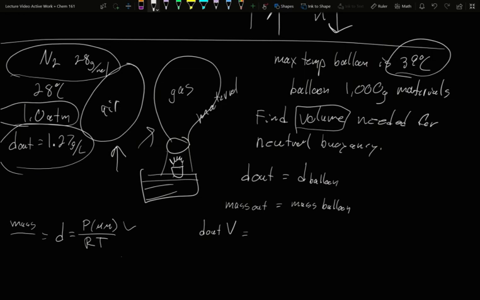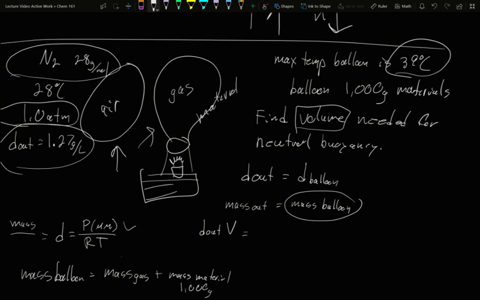Well, if I think about the mass of my balloon, what makes up the mass of my balloon? Mass of the balloon is going to be two parts. It's going to be the mass of the gases plus the mass of the material. We know the mass of the material, that was 1,000 grams.